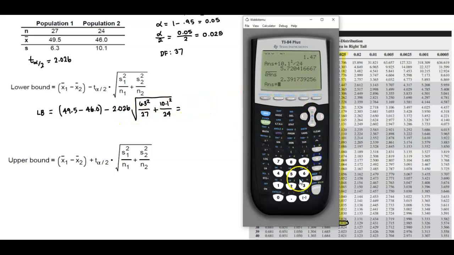Now we're going to multiply that by negative 2.026, which is this number here. And then we're going to add parentheses 49.5 minus 46.0. And there is our number.